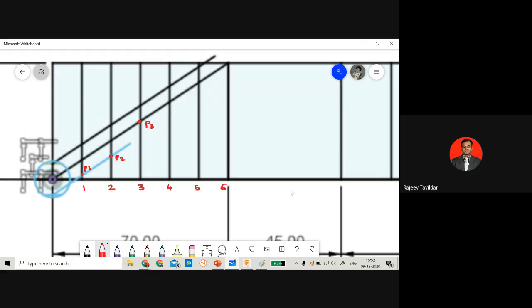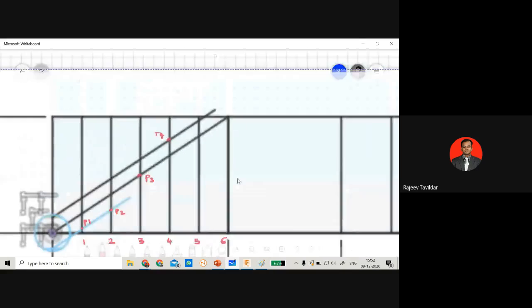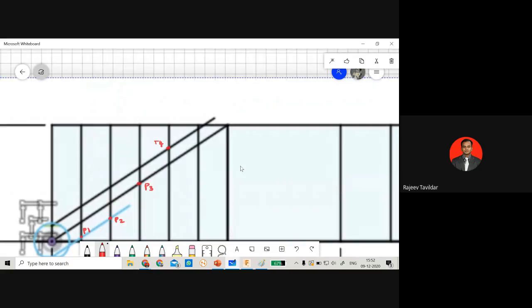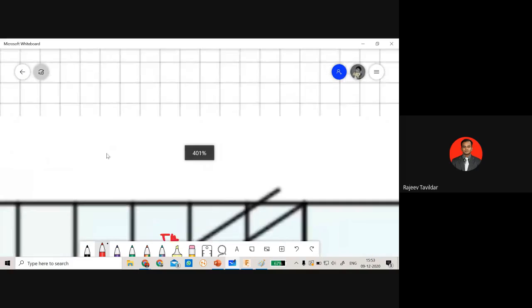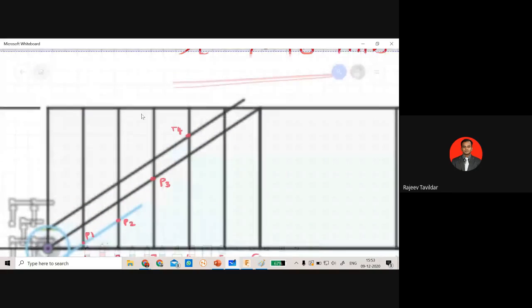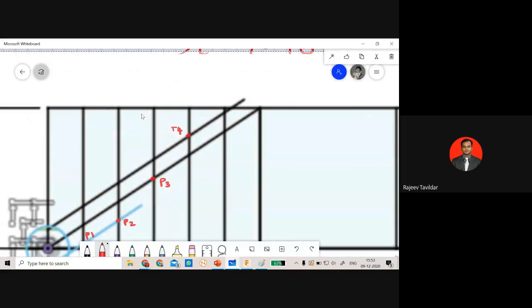Now I'll go to the topmost slant line, and wherever it intersects line 4, it gives us P4.